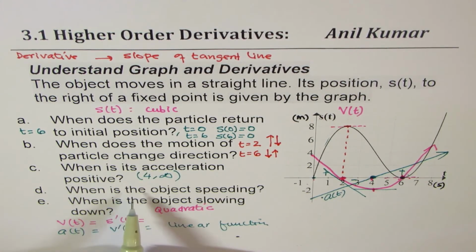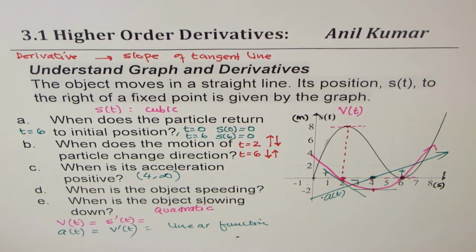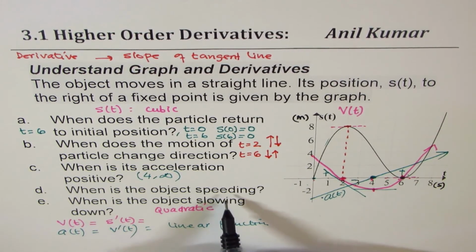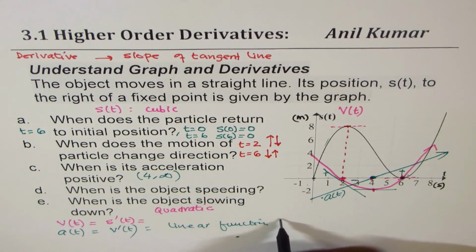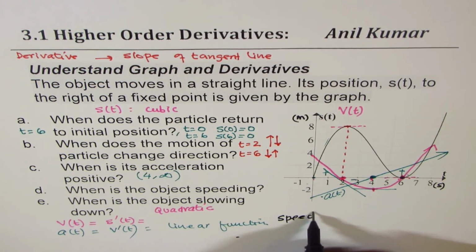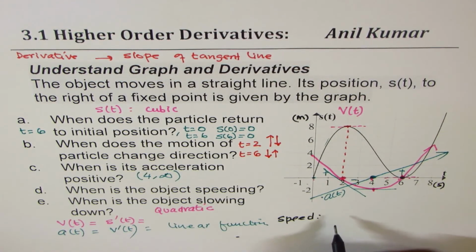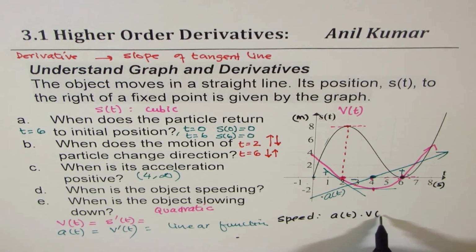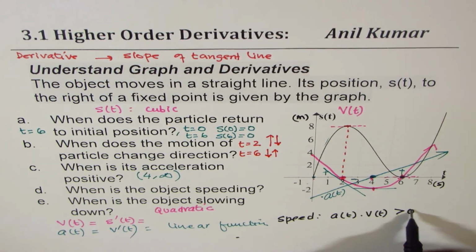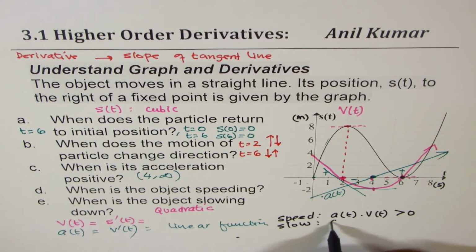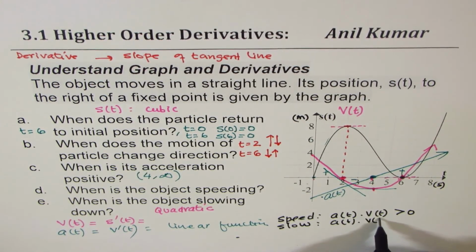Part D is, when is the object speeding? Now that's a very interesting part. We have to first understand, when does an object speed? Speeding is the case when acceleration and velocity, when multiplied, should be positive. That is to say, if acceleration times velocity is greater than 0, then the object is speeding, and it is slowing down when the product of acceleration and velocity is less than 0.